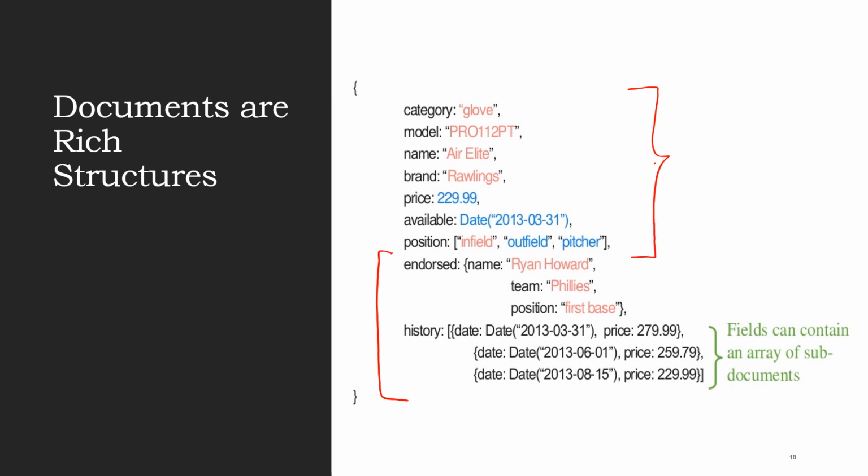Now we add more, such as the endorsement of the sport player who used this brand or this model. And also you can see that there is another history field, which gives us an idea that we can use an array of nested or sub-documents as the value of this history, and it shows the price history of this product.